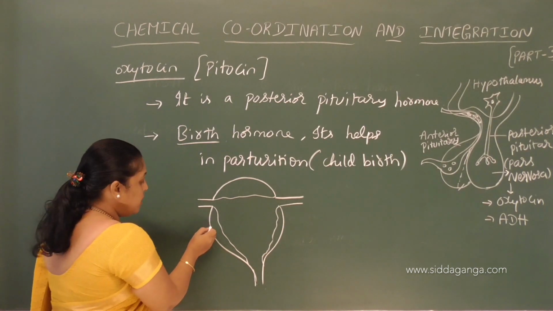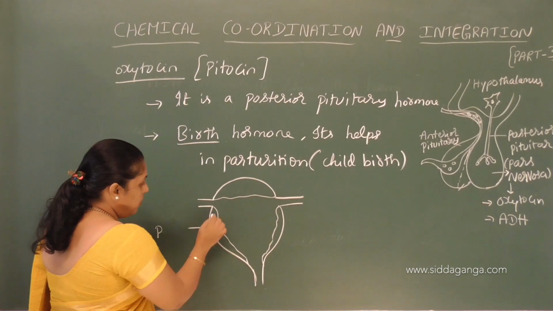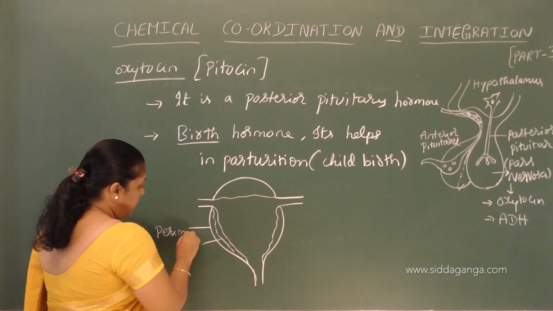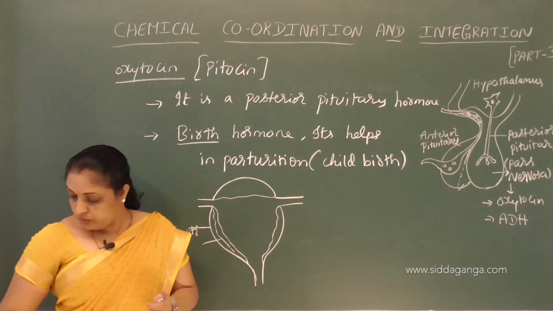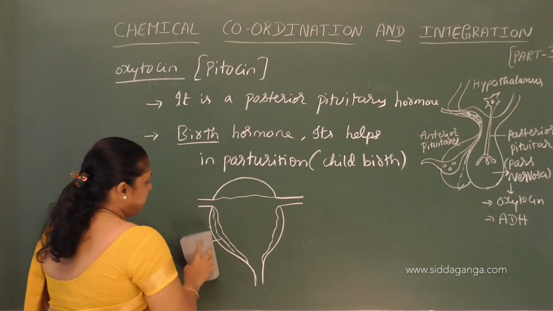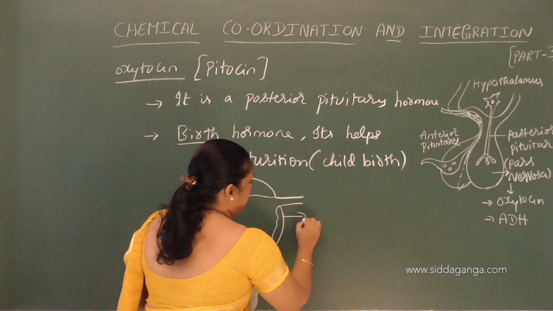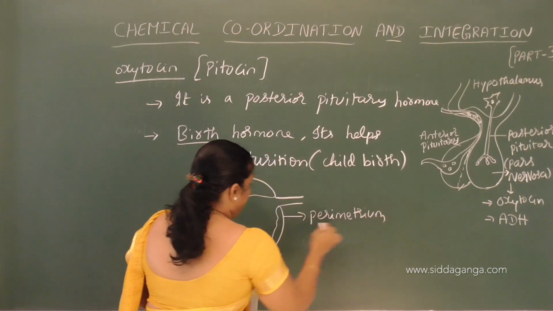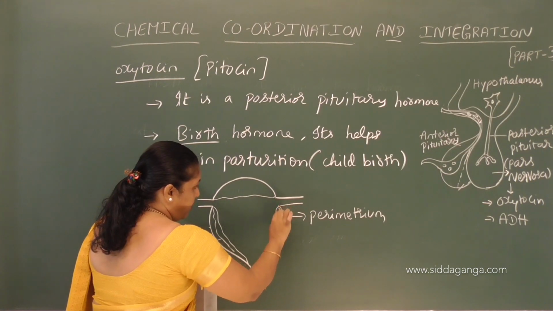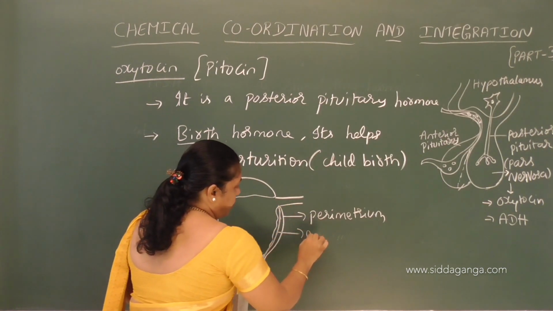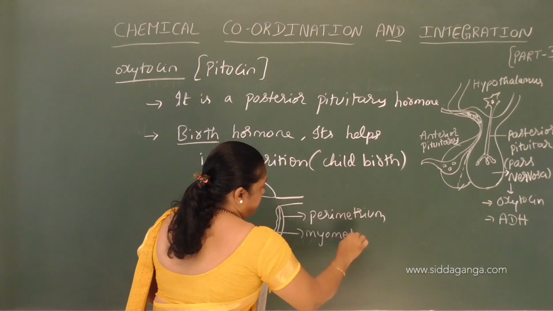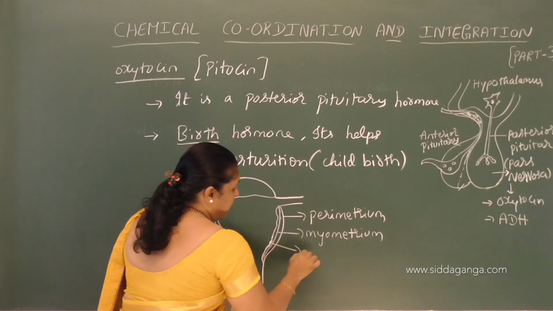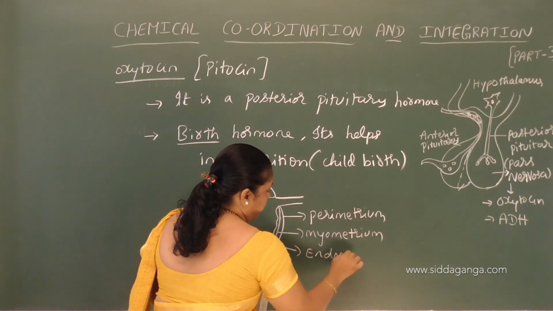We have 3 layers in the uterus: the outer layer is perimetrium, the middle layer is myometrium, and the inner layer is endometrium.